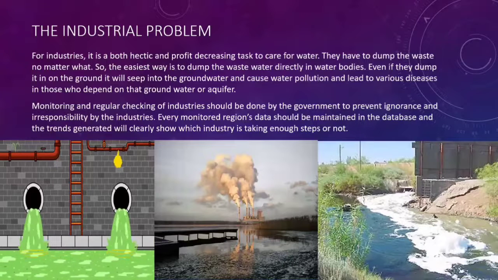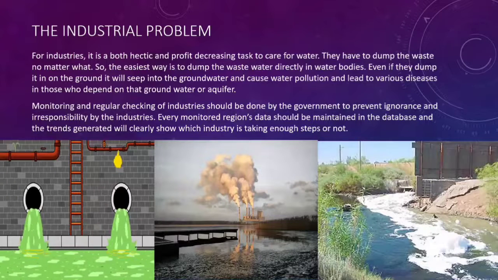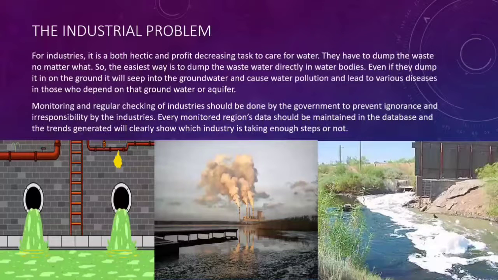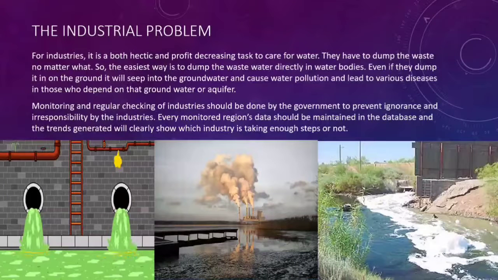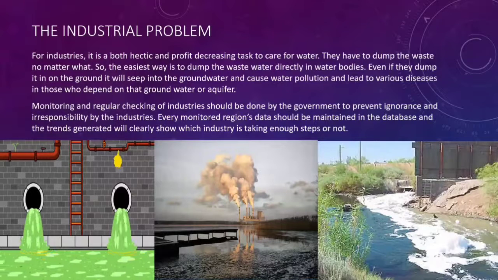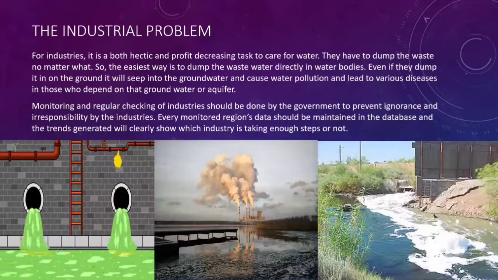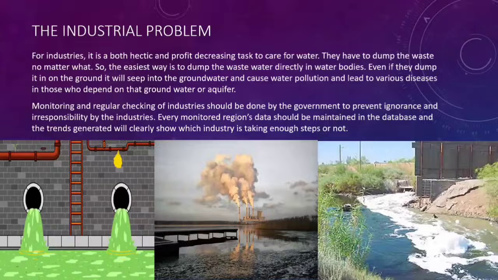Even if they dump it on the ground, it will seep into the groundwater and cause water pollution and lead to various diseases in those who depend on that groundwater or aquifer. Monitoring and regular checking of industries should be done by the government to prevent ignorance and irresponsibility by the industries. Every monitored region's data will be maintained in the database, and the trends generated will clearly show which industry is taking enough steps or not.